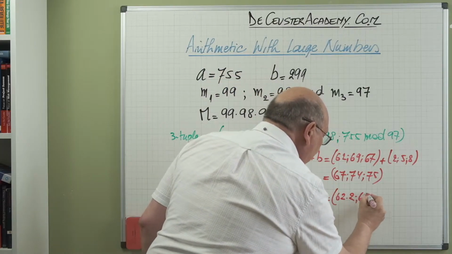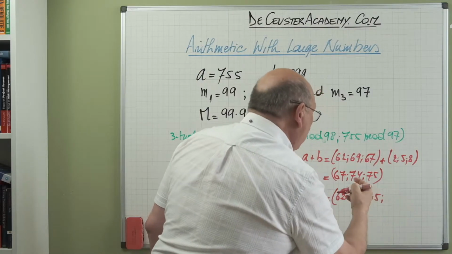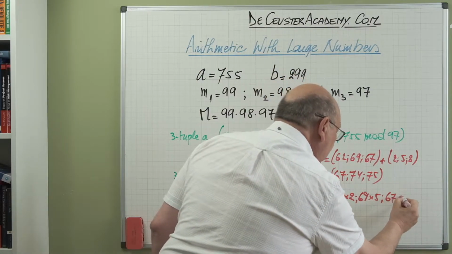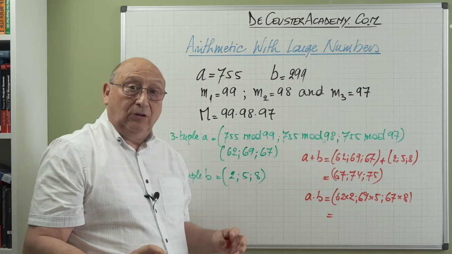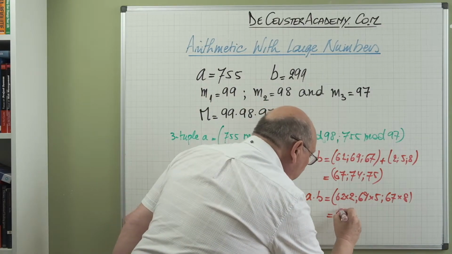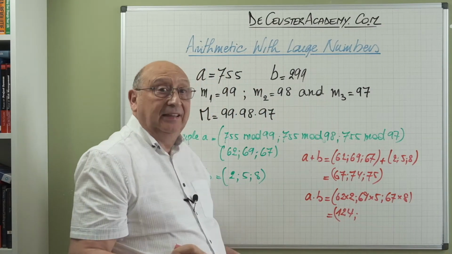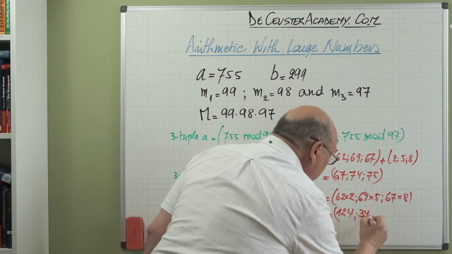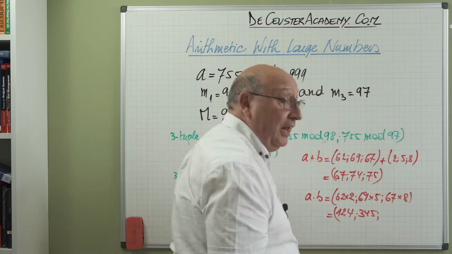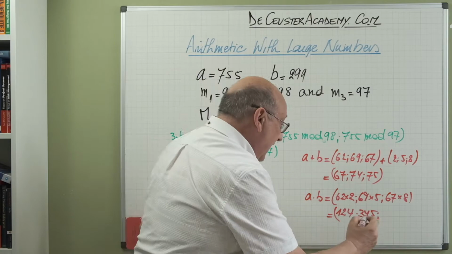Now when we do this for A times B, so now we have 62 times 2, 69 times 5, and 67 times 8, which gives us in order 124, the second one, 69 times 5 is 345, and the last one, 67 times 8 is 608.